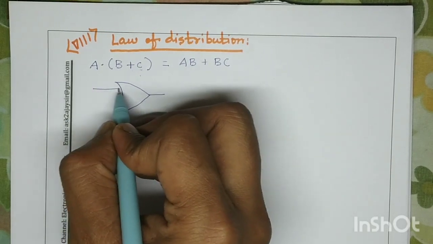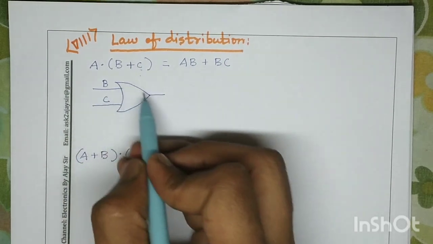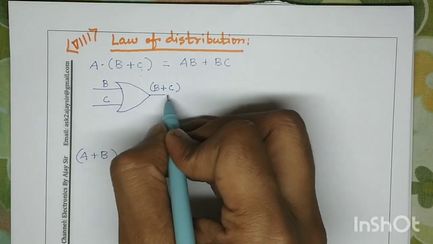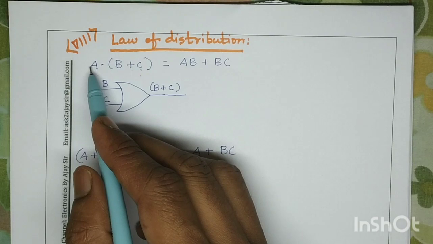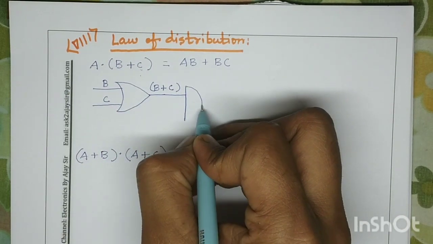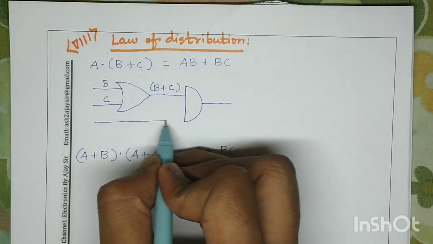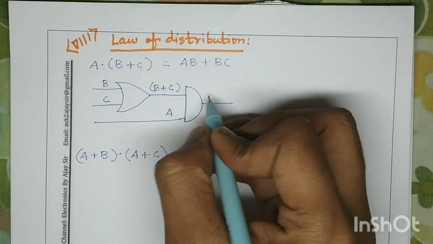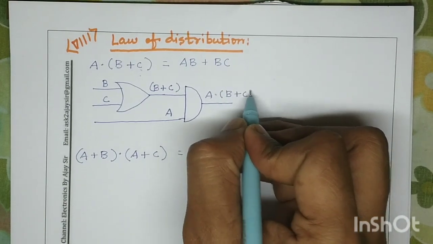The inputs are b and c, and it will give you the signal b plus c. Now this signal b plus c is ANDed with a, so I need a 2-input AND gate. One input is b plus c, the other input is a, and it gives you the signal a dot (b plus c) at the output.